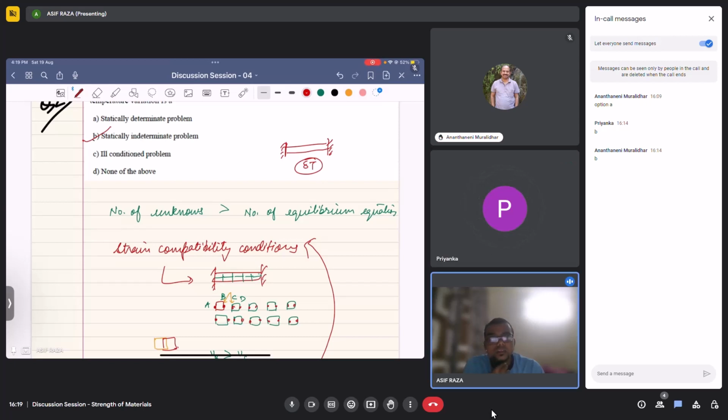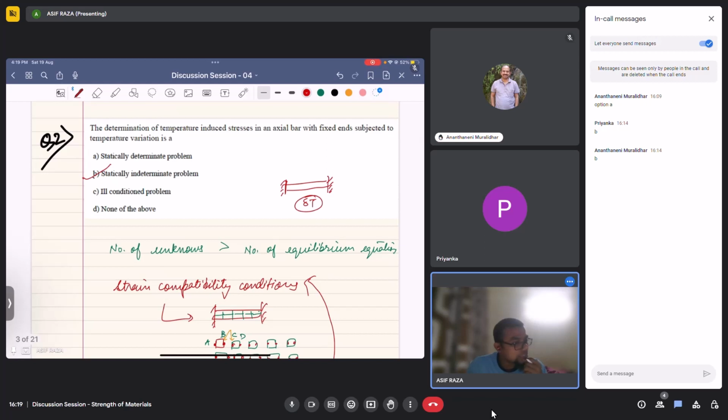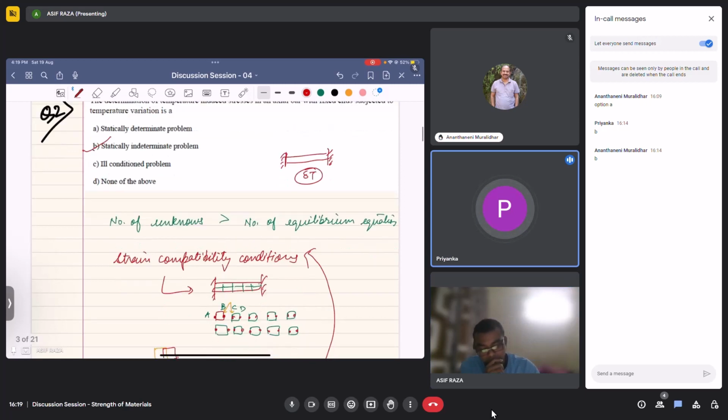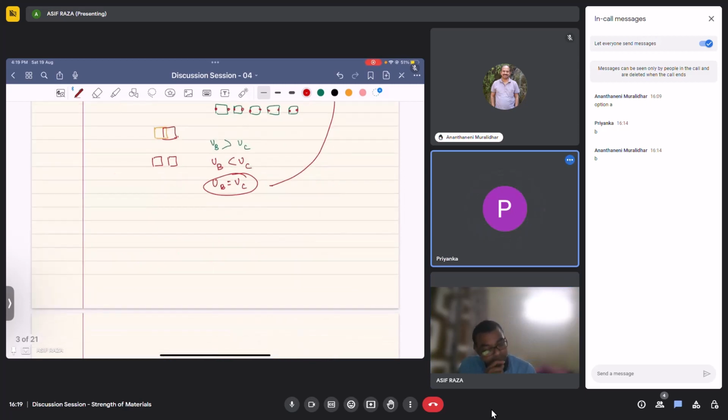Okay, I didn't go through the classroom lecture, so I don't know. Can you specify what the problem was? In one problem, he used similar triangles for a rigid bar to find force. There was a bar hanging using cables, so to find the force in the cable he used the similar triangle method for deformation.